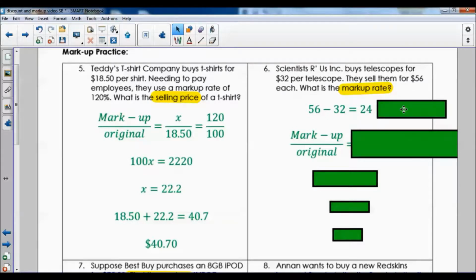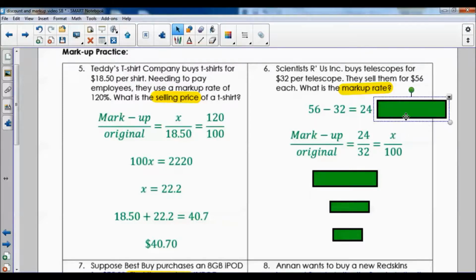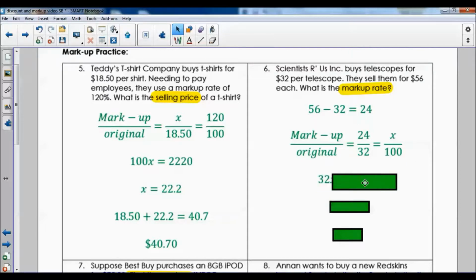Okay, so our markup is $24 over the original price that they bought them for was 32, and then the rate is the percentage, and we're trying to find that, so we're going to put x over 100. Then we're going to cross multiply. 32x is going to be equal to 2,400. We're going to divide by 32 on both sides to get x by itself. And we have x is equal to 75. So then our markup rate is 75%.